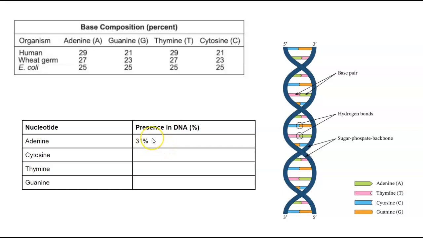If there's 31% of adenine here, you would have 31% of thymine, which means how much of your DNA is left over. So 62% of your DNA is taken up by adenine and thymine. So you would have to take 100% of your DNA, subtract your 62, and that's where you would get your leftover DNA. Okay, so that would be what is your cytosine and guanine.